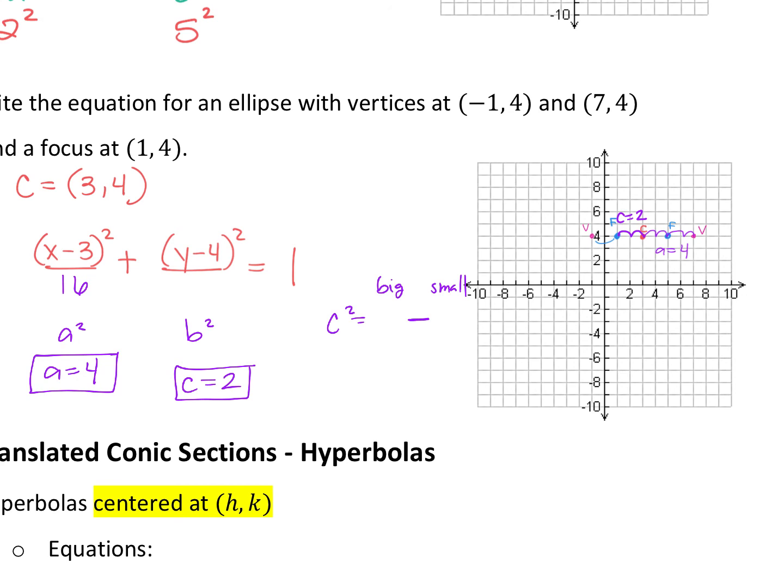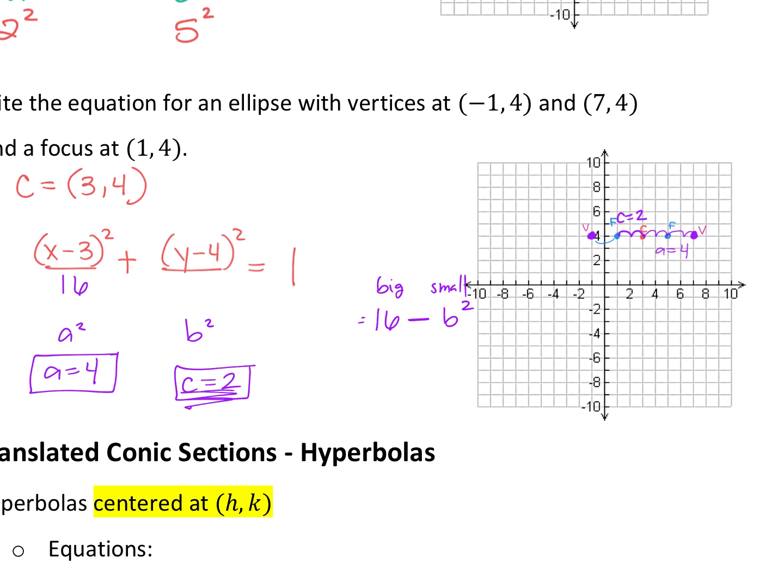Is your A squared going to be bigger or your B squared going to be bigger? A squared, because my vertices are on my X. So that means the A squared is going to be the bigger of the two numbers. That's where our vertices are. So A squared minus whatever our B squared is. And we know our C squared. What is C squared? C squared would be 4.